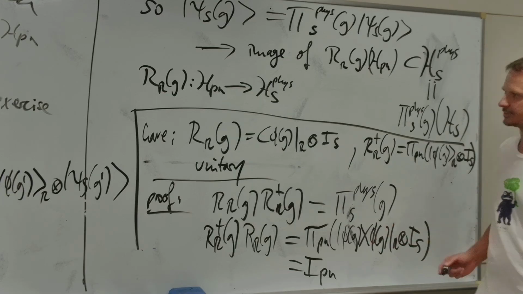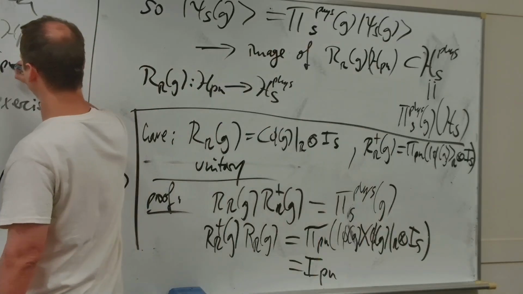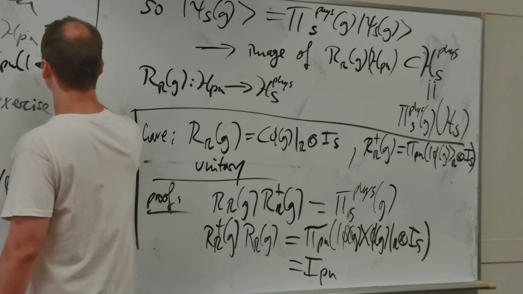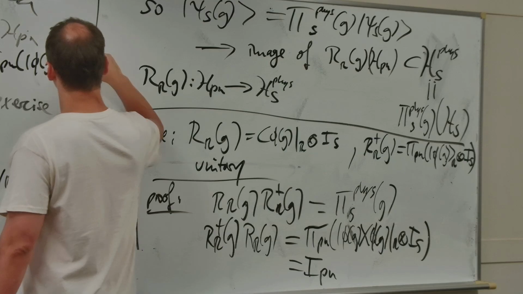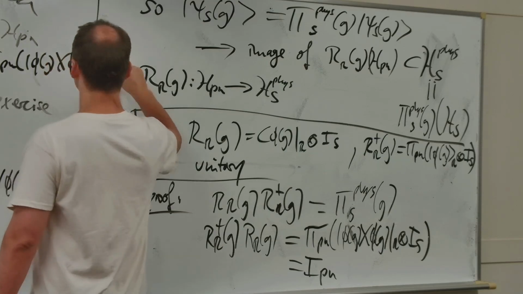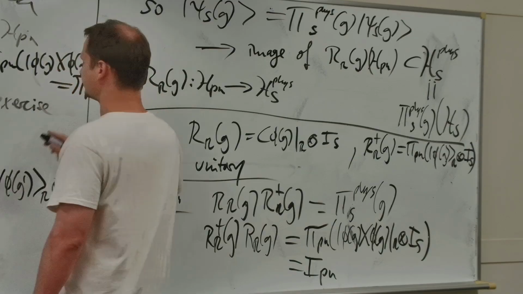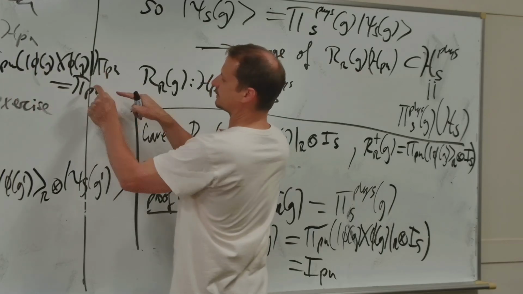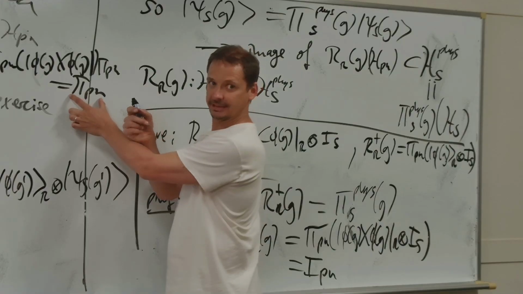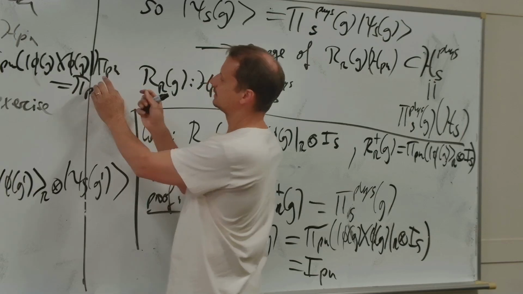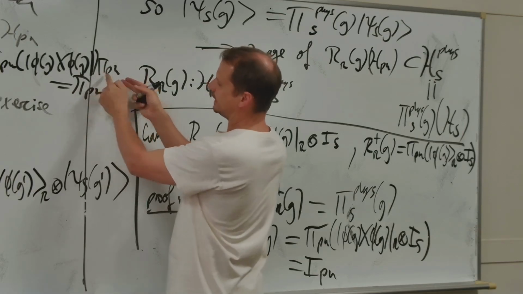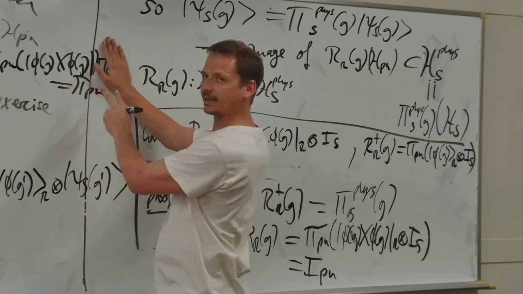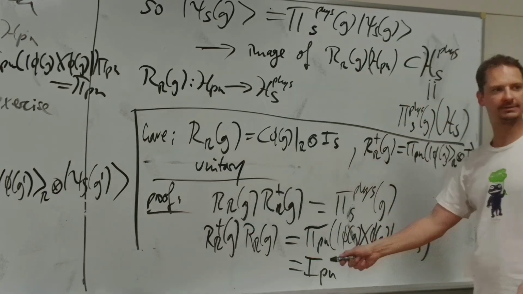But in the last step, I'm just using what we had previously shown, what I have wiped out, that phi of G, pi_PN is equal to pi_PN, so I had previously shown this. So you see that this is not in general the identity on the physical Hilbert space, only when G is compact. But the image of this one is the physical Hilbert space. What that tells you is that this guy here is the identity on the physical Hilbert space. So that's why I have this here.